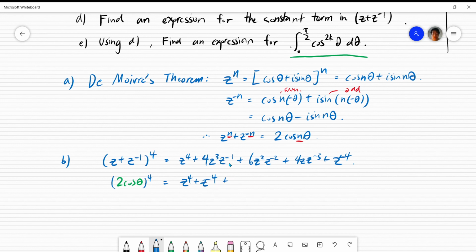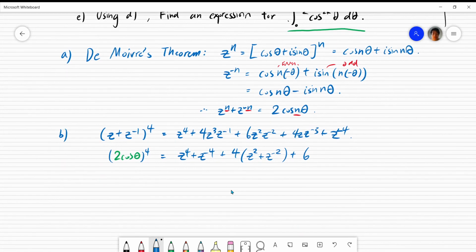Plus, well, that's a constant, so it's 4 outside, z to the 2 plus z to the minus 2, plus 6. Okay, well, what is this? This is just that formula, and this is also this formula. So let's just substitute it in.